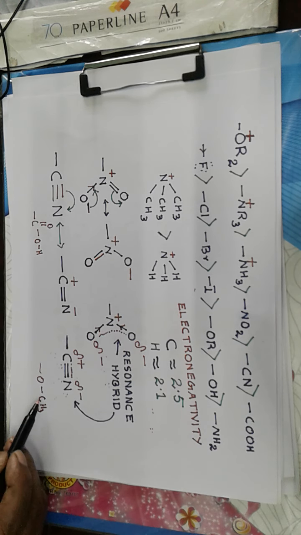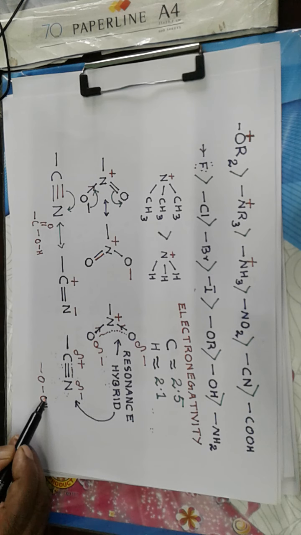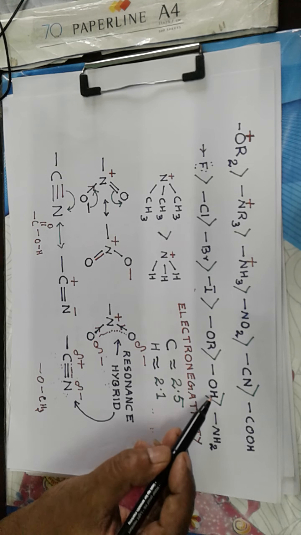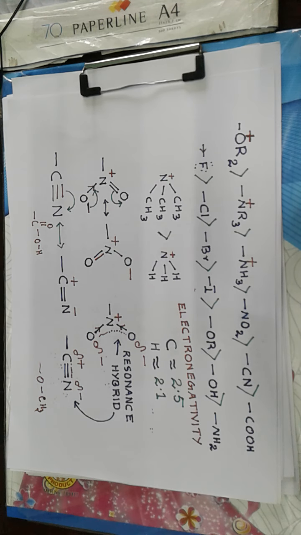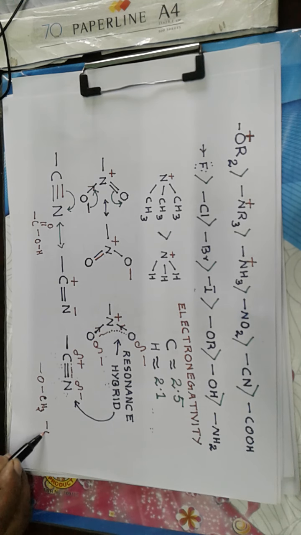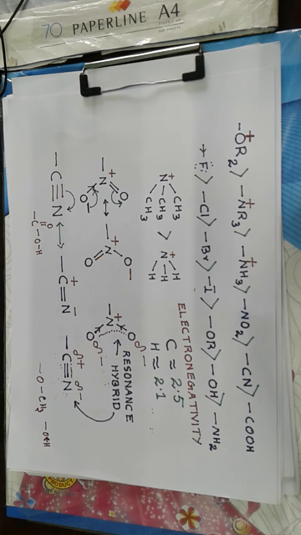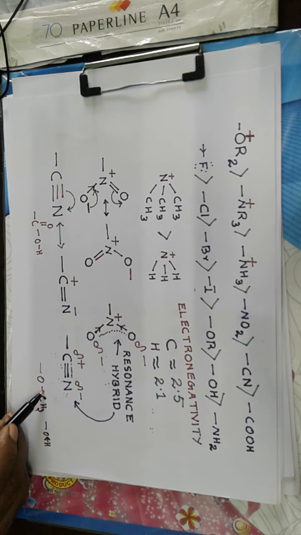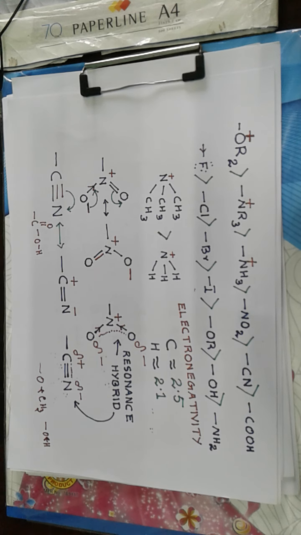Now this carbon has an electronegativity higher than that of hydrogen, and so the bonding pair in the OH group will be more strongly pulled towards the oxygen atom than the pair of electrons between O and CH3, because carbon is more electronegative than hydrogen.